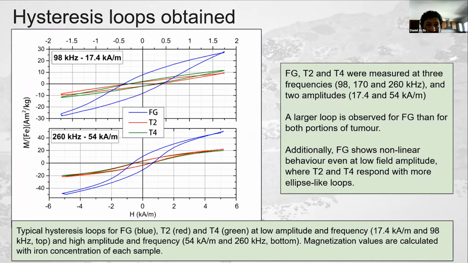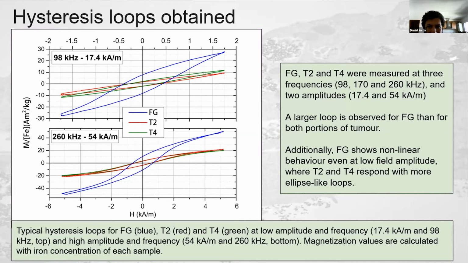Well, as we can see, the ferrogel loops were consistently larger than both the tumor magnetization versus field loops, and the tumor portions between themselves were quite similar in every configuration. And moreover, at low field amplitude, the ferrogel shows a non-linear behavior, while the same nanoparticles in the tumor behave linearly.